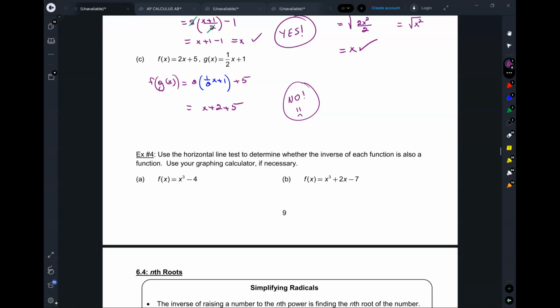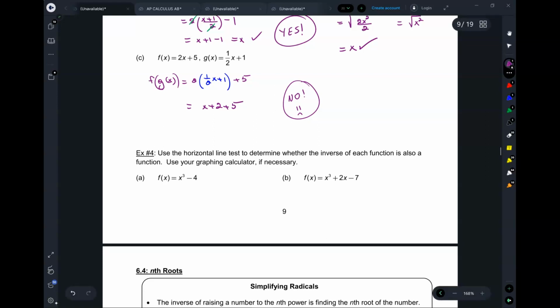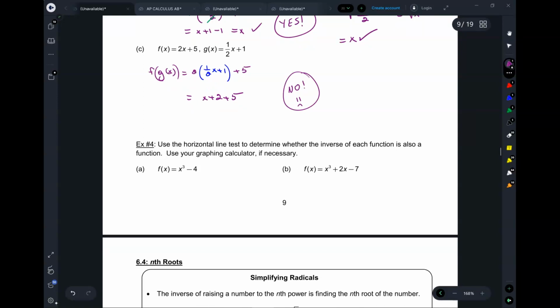Next, use the horizontal line test to determine whether the inverse of each function is also a function. Use your graphing calculator if necessary. Take a look at this one before you reach for your calculators: x cubed minus 4. This is an odd function, so it's going to look like this. Does this pass the horizontal line test?